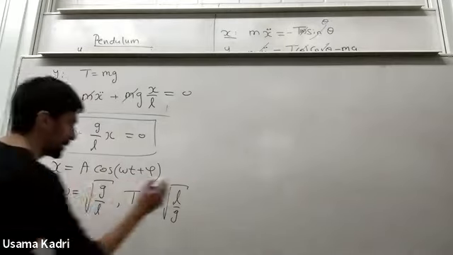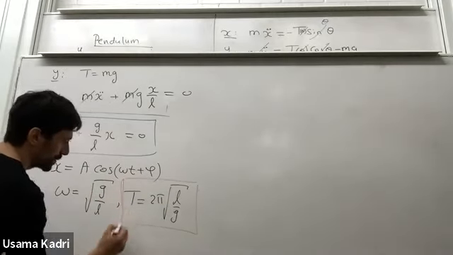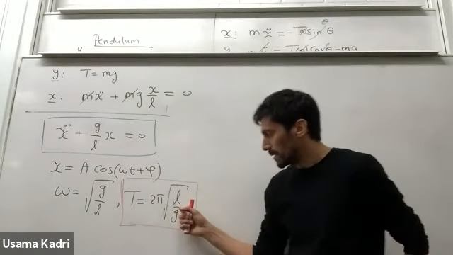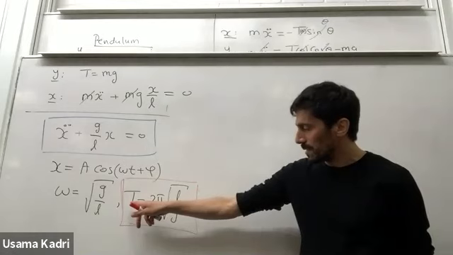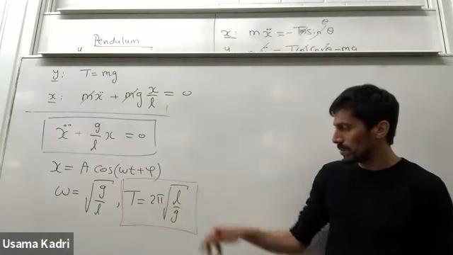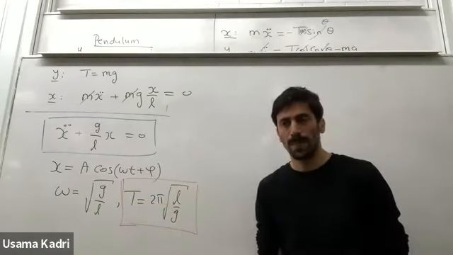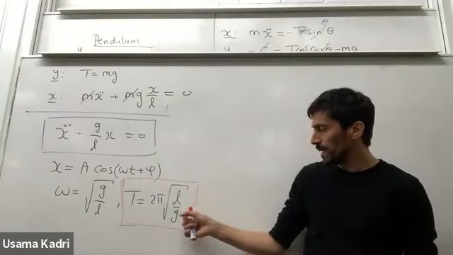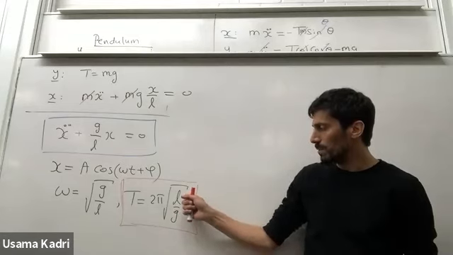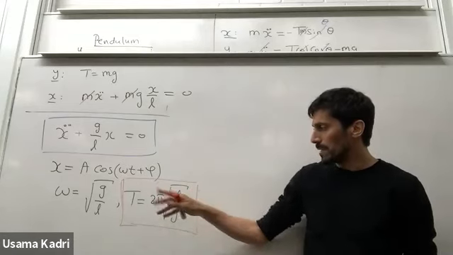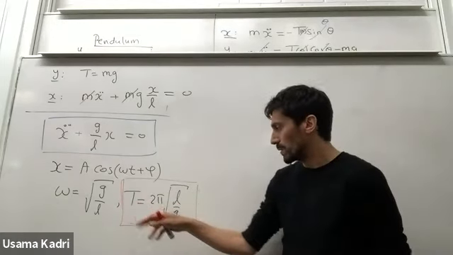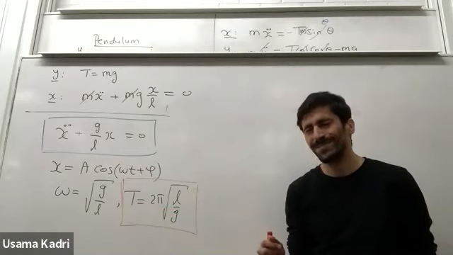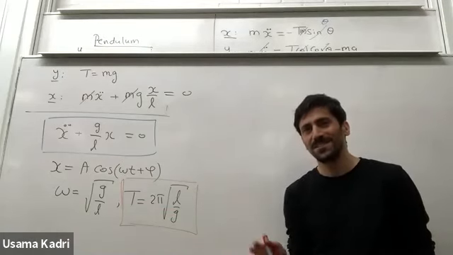Let's focus on the period for a second, just to have, again, some feeling of the physics here. What does it mean that the period is proportional to the square root of L? Which means that if I have a pendulum with length 1 meter, the period is about 2 seconds.